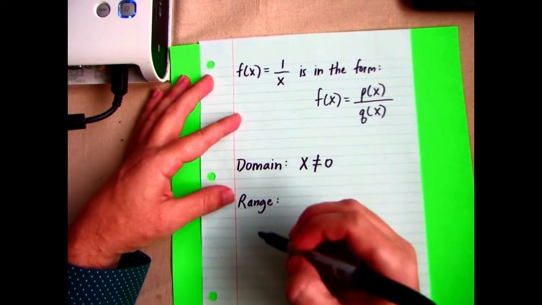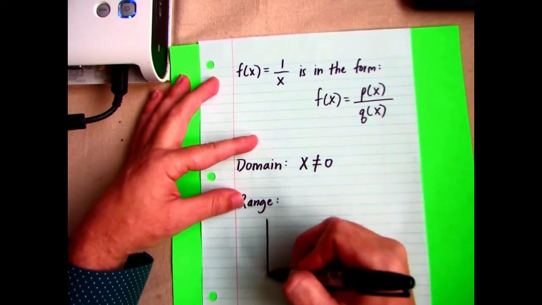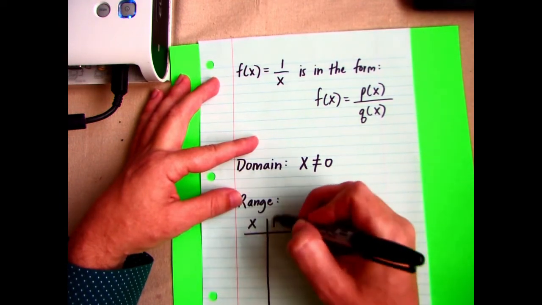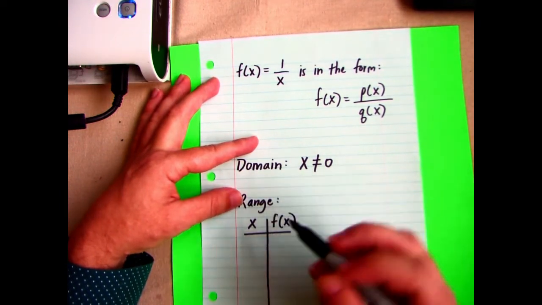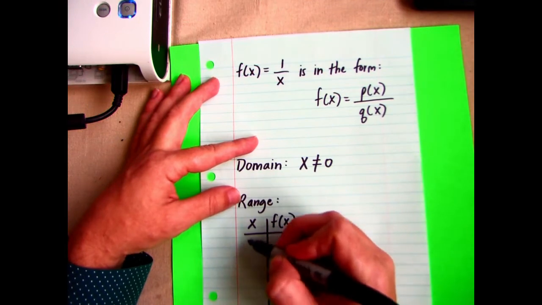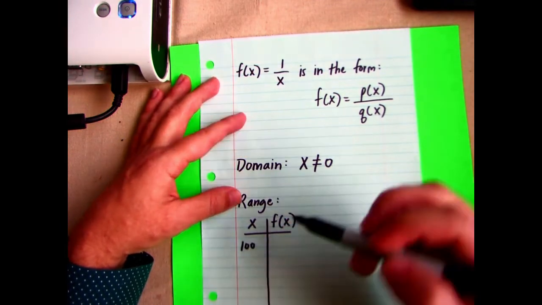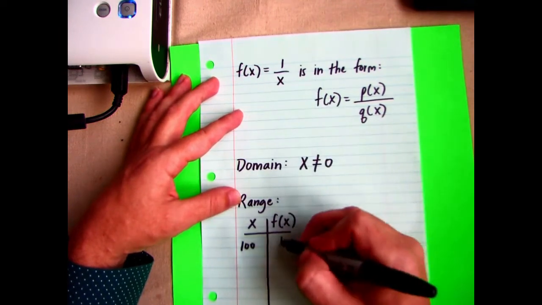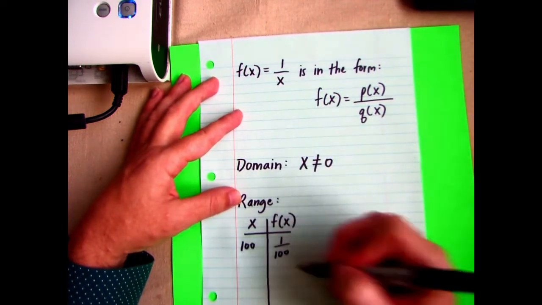To identify what the range is, let's maybe look at a table of values. So I'm going to make a table of values for x and f of x. And I'm going to start with big numbers for x. When x is 100, f of x is 1 over 100.